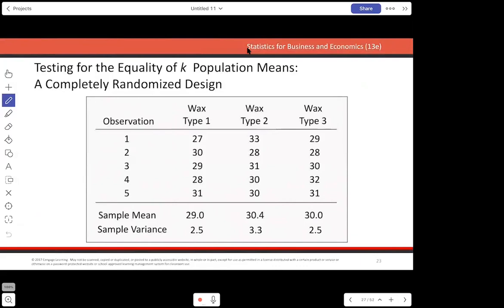And so one would expect the mileage performance to be different. So maybe we take a random sample of cars using regular and put in a particular volume of gasoline. You don't want to fill up the tank because different cars have different tank sizes.